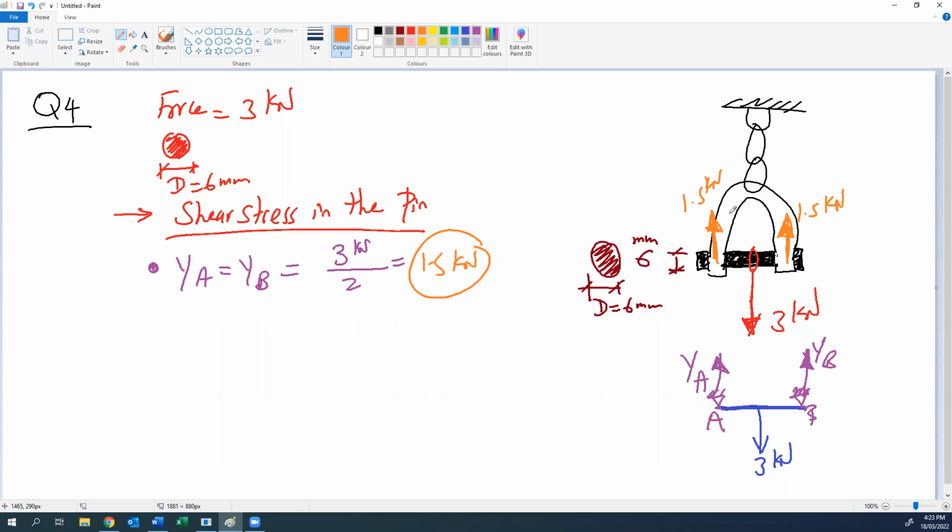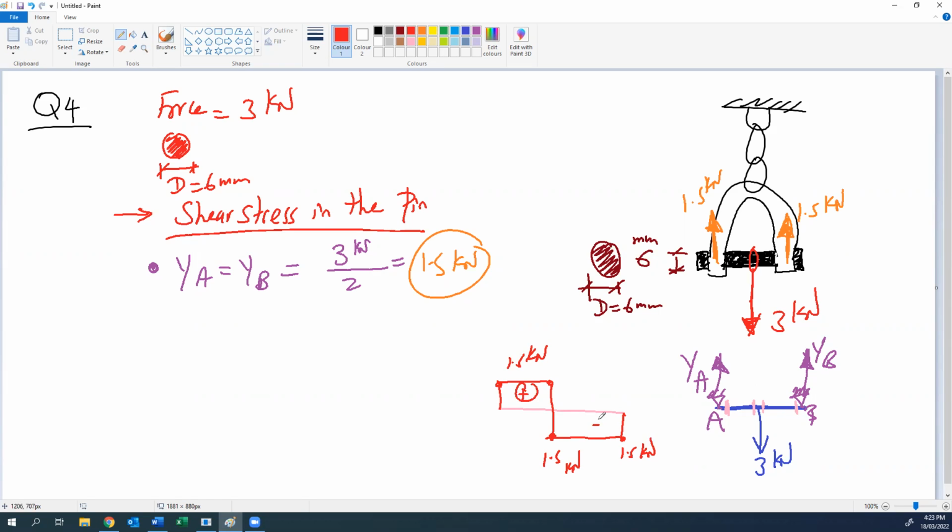Which one of them causes shear? If you cut at section A, and here and here, and draw the shear force diagram, we go up with YA to 1.5 kilonewton, then straight up to the force of 3 kilonewton. Then we go down 3, so we go down to 1.5 kilonewton, then go straight and back to 0.